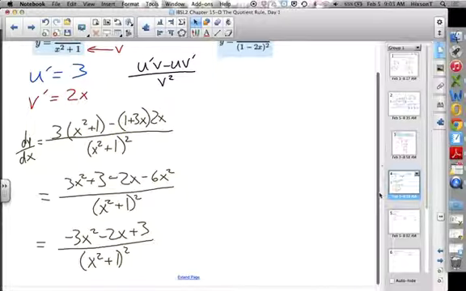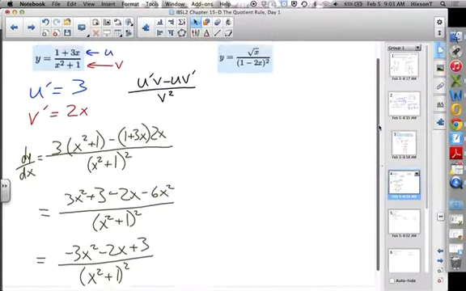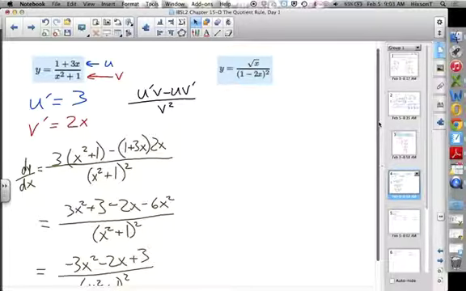Like if you did this as 1 plus 3x times x squared plus 1 to the negative 1 power, you would eventually get the same thing. You just have to work with it a little bit. But honestly, if you're having to do that, in the end you're doing about the same amount of work.